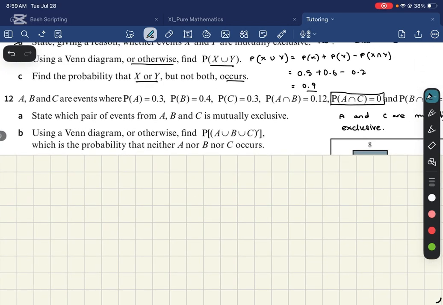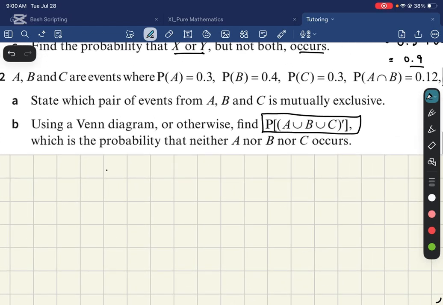Using a Venn diagram or otherwise, find P of (A union B union C) complement. All right. So how do you solve this? Well, if you remember, we know that probability of any event S is equal to 1 minus the probability of S complement, right? And this is a formula that we discussed at the beginning.